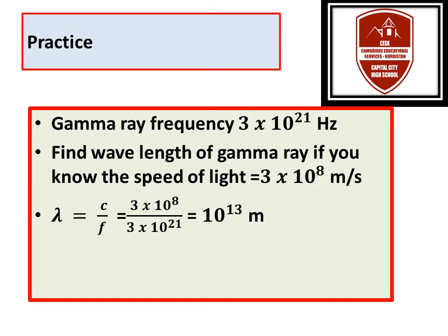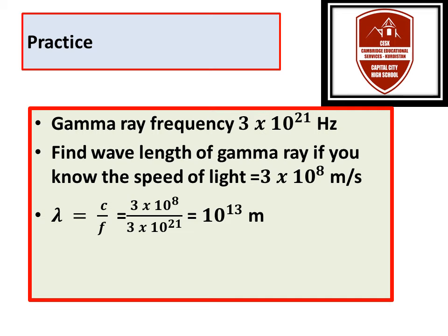We have the rule lambda equals c over f. I said c, velocity, speed of light, 3 times 10 to the power 8 divided by 3 times 10 to the power 21. So here we have a mistake, be careful, please. I'm sorry about this mistake.